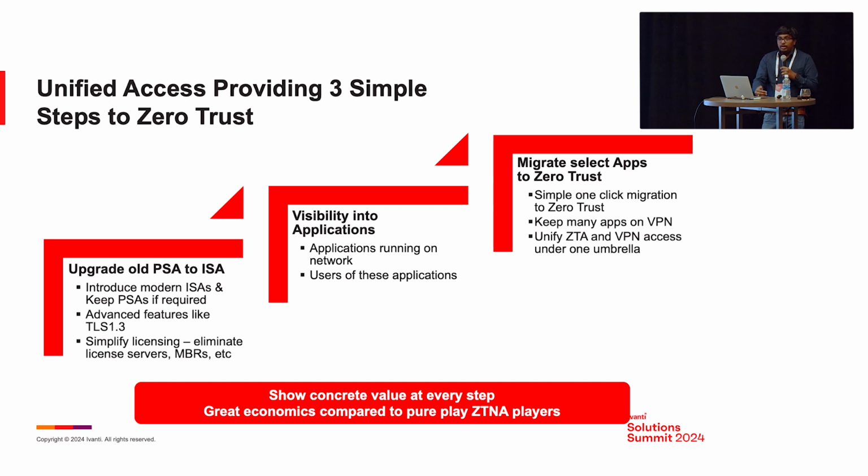But what we really provide as a step towards ZTNA is that complete visibility into all the applications that the users access. Along with that, we give you a simple, easy-to-migrate wizard on a per application basis, where you can select the application that you would want to migrate. That's what we'll show in the rest of the slides as well. And you can easily migrate from VPN to ZTNA on a per application basis.